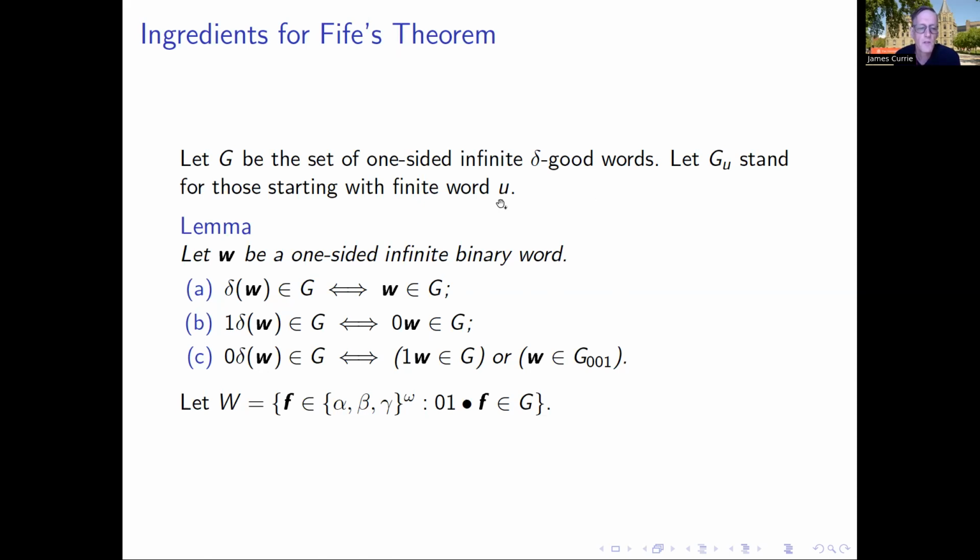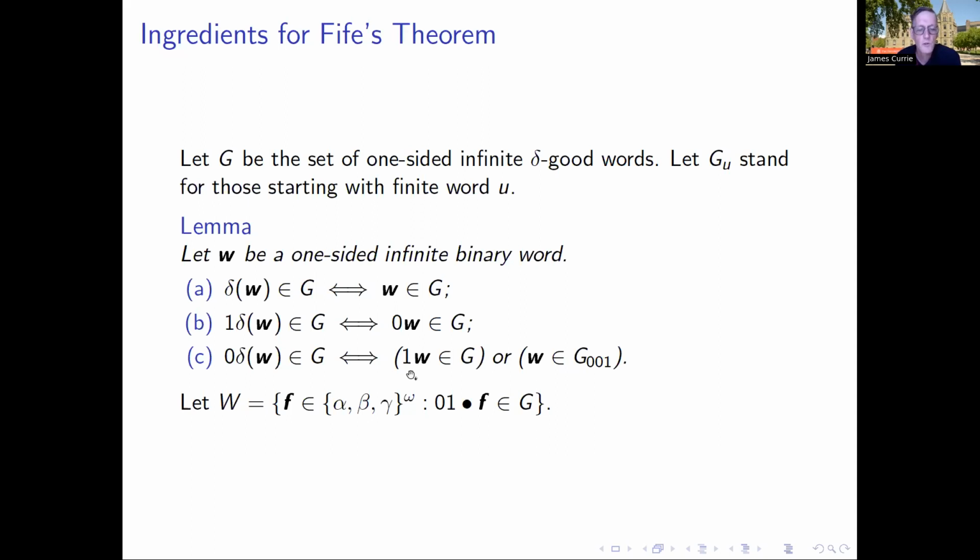So we begin with a lemma. Delta of W is good if and only if W is good. 1 followed by delta of W is good if and only if 0 of W is good. And 0 delta of W is good, and this is more complicated.